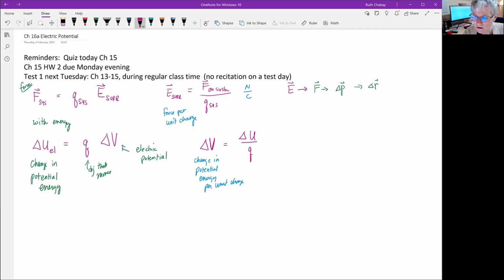When we talk about energy, remember that energy involved initial and final states. So we were looking at differences in energy between some configuration and some other configuration. And so we're going to be doing that.